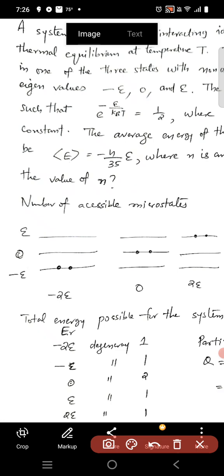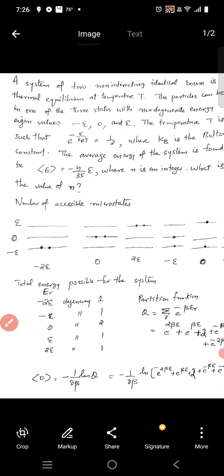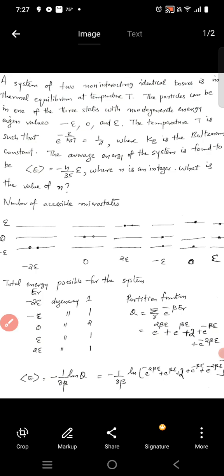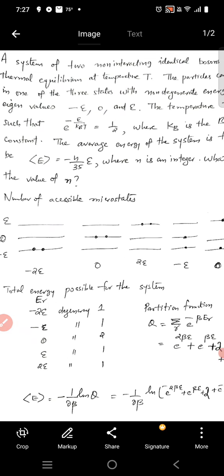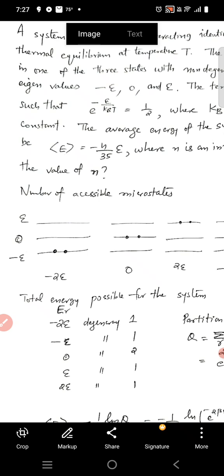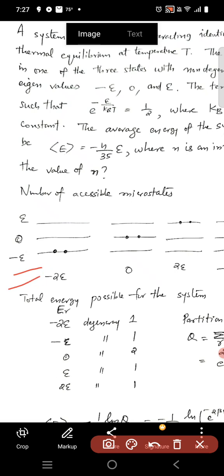So what we do is, we find the number of accessible microstates of the system. We have two particles and three energy levels, minus epsilon, 0 and epsilon. And these are the possible states of distribution.